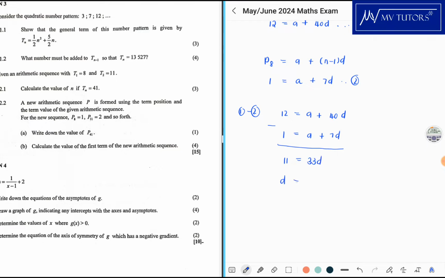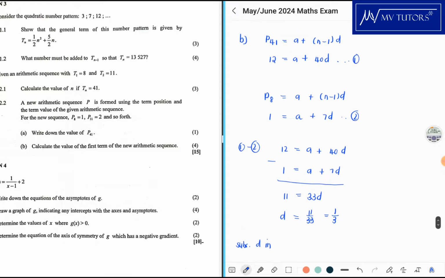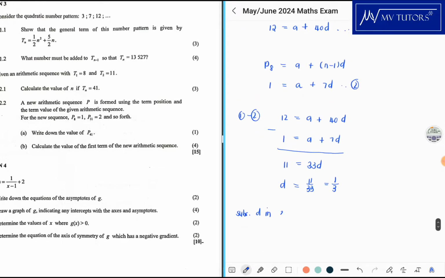So d is 11 over 33, which is simply 1 over 3 if I simplify. So I have d, and I can substitute it back into any equation. Equation number 2 will do.